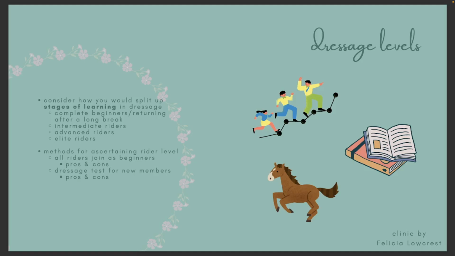Okay, awesome. And then the second thing, we've already kind of talked about it, but using a dressage test. You guys already gave some good points there. I think one of the good things about using a dressage test is if, for example, you want people to at least be intermediate level before they join. So part of them applying is knowing, hey, you're going to do a dressage test as part of the application process, or during your trial period.